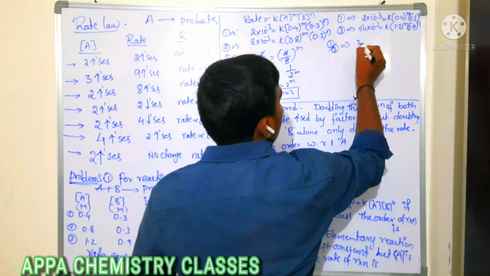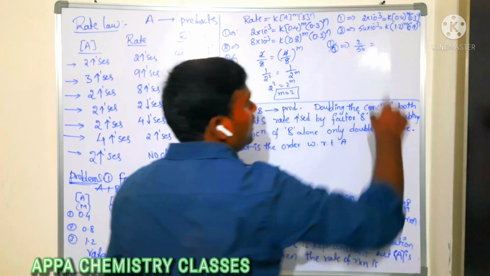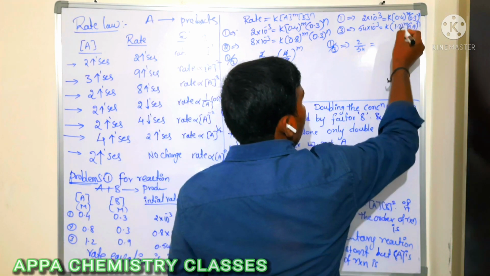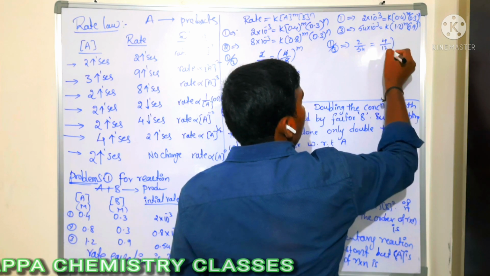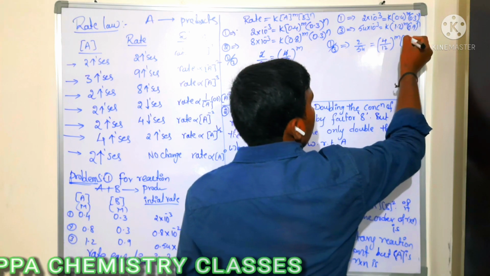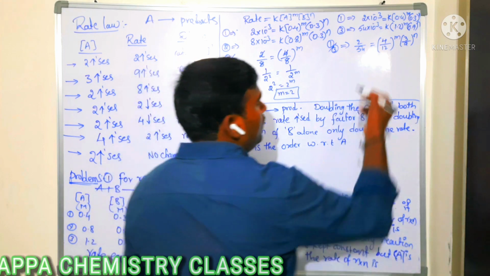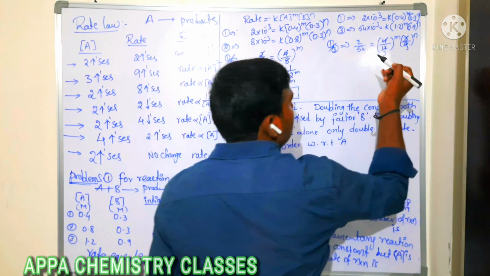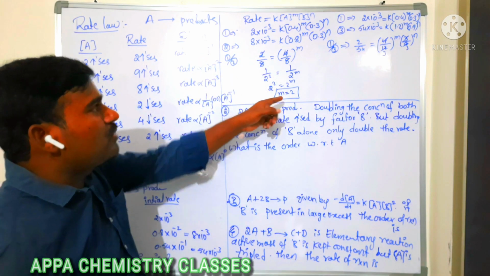So then 2 by 54, 10 power minus 3 gets cancelled, k gets cancelled. Then what is left over is 0.4 by 1.2, removing the decimal, 4 by 12 whole power m. And 0.3, decimal cancelled, 3 by 9 whole power n. Now 4 by 12 is 1 by 3. The m value is 2.